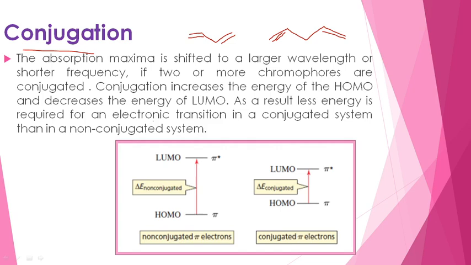Generally, if you are considering a non-conjugated system and a conjugated system with pi electrons, the absorption maxima is shifted to a larger wavelength or shorter frequency, because wavelength and frequency are inversely proportional to each other.